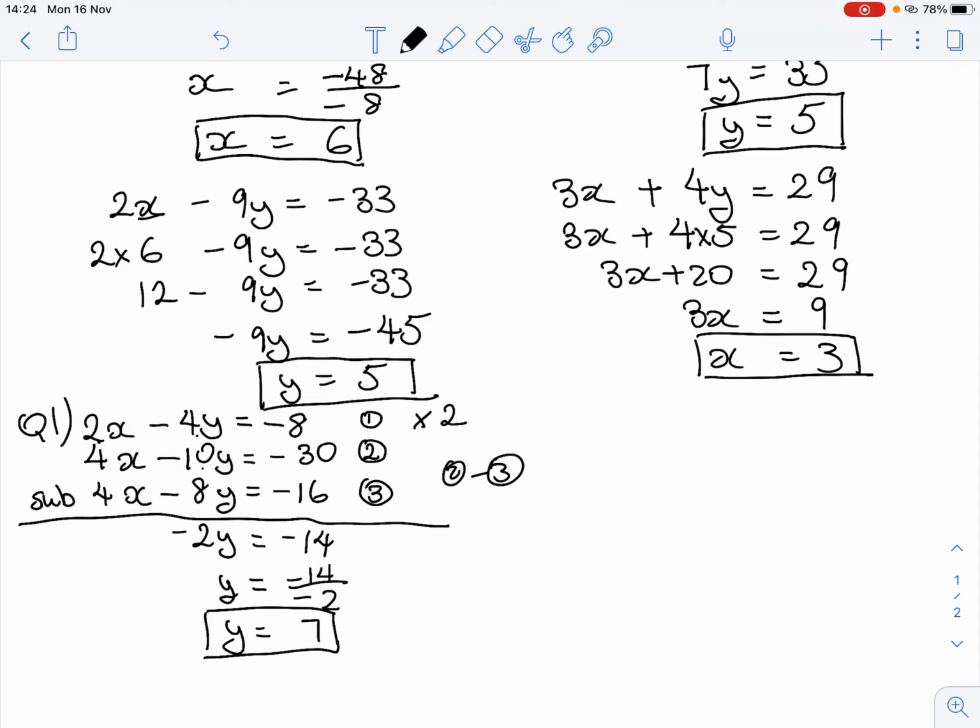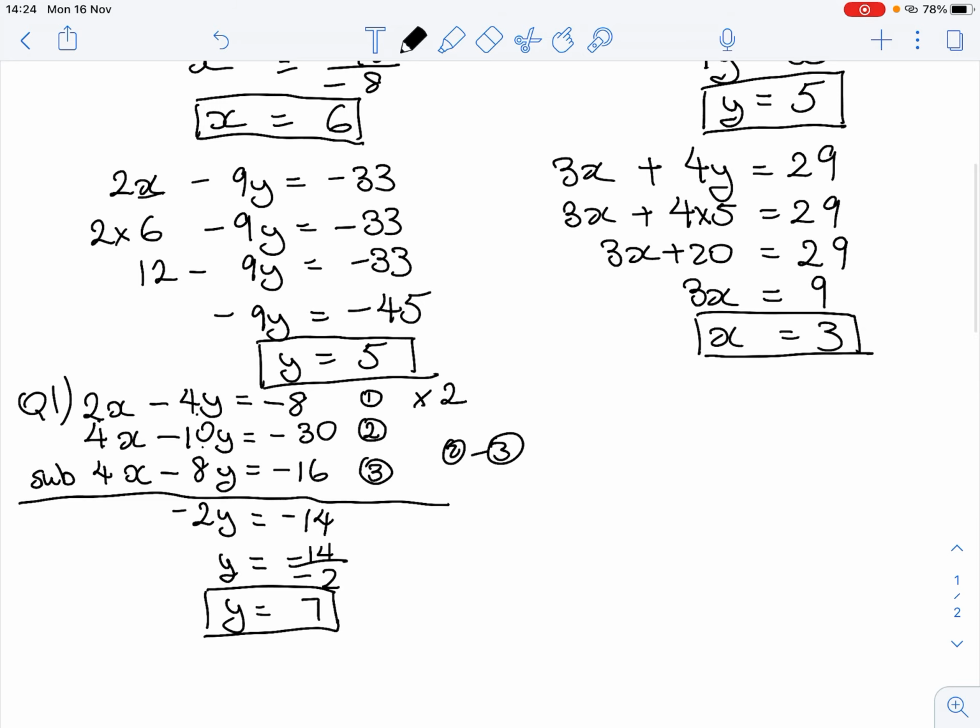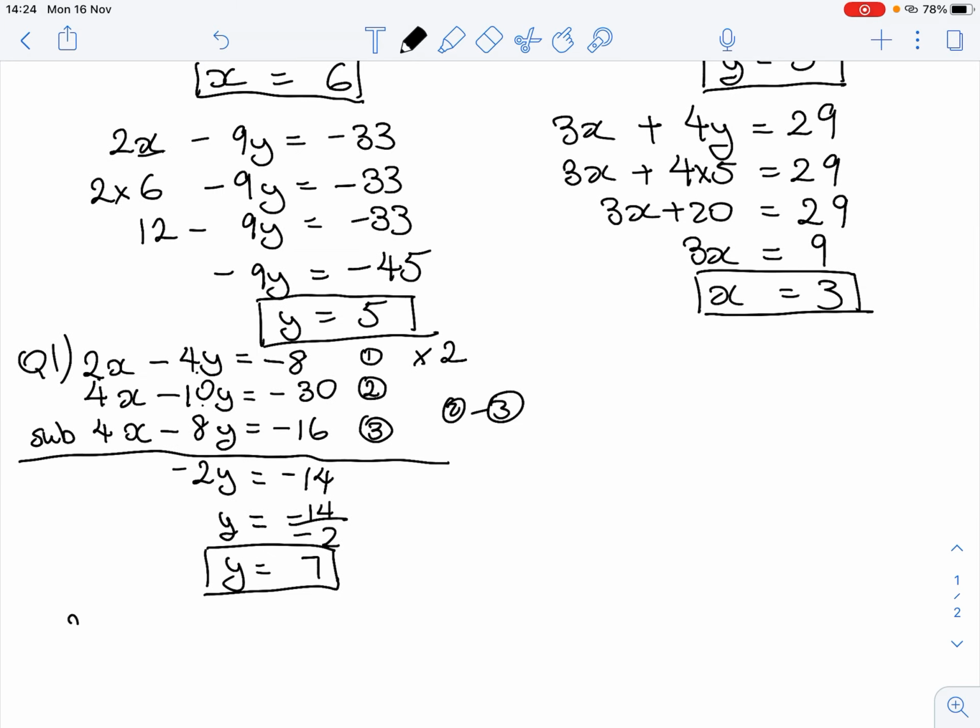Now we need to substitute the y value into the original equation. You can pick any equation: 1, 2, or 3. I always like to pick the first one. So we have 2x minus 4y equals minus 8.